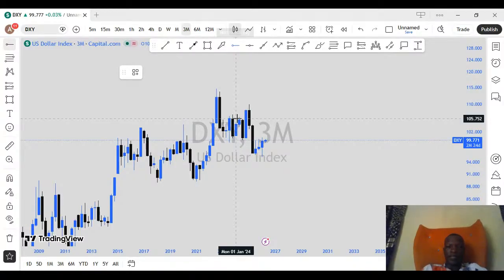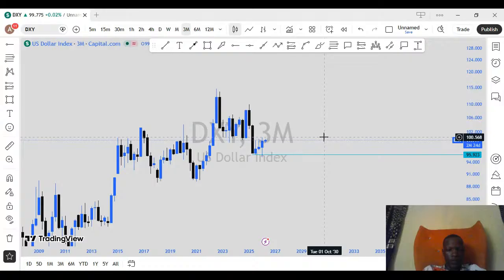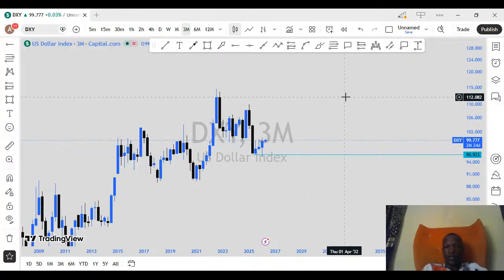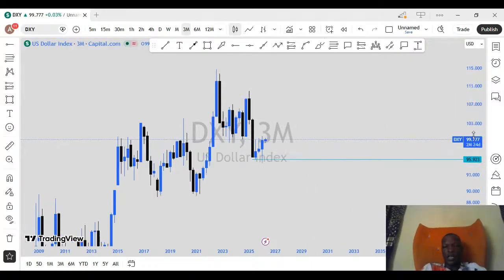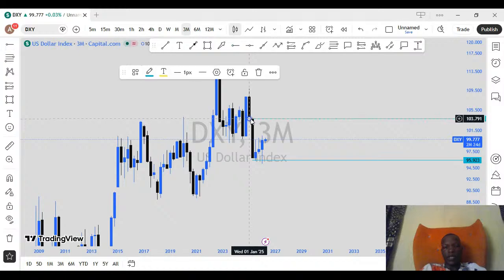We can see that market is giving us what? Market has swept liquidity. For those of us that know how to mark liquidity, we can see that market swept this sell side liquidity, and then we expect market to come to this other liquidity.